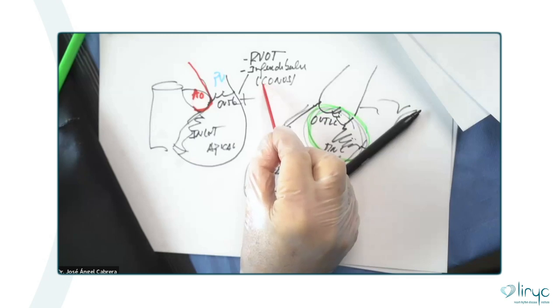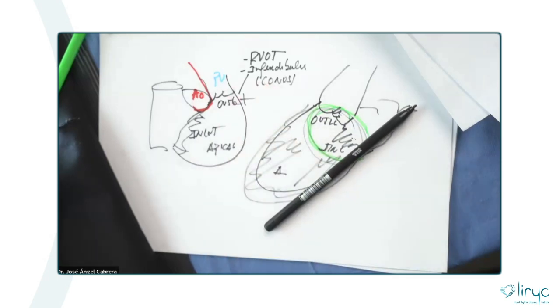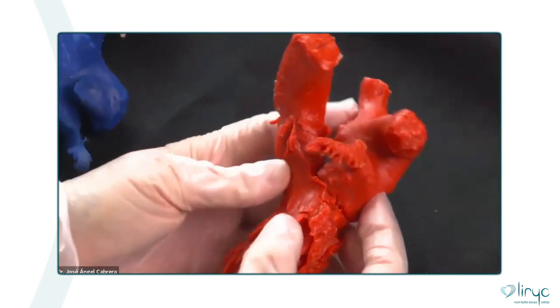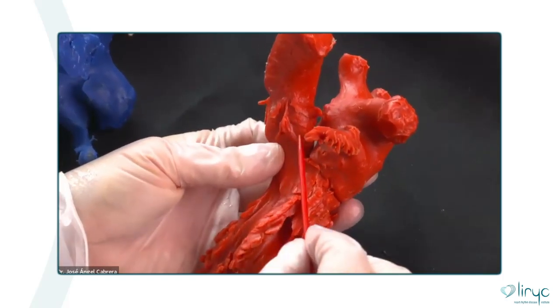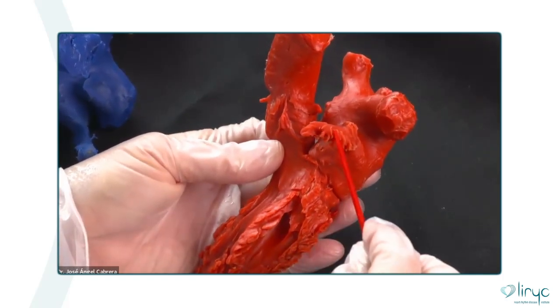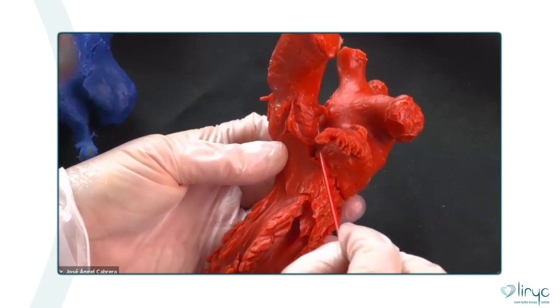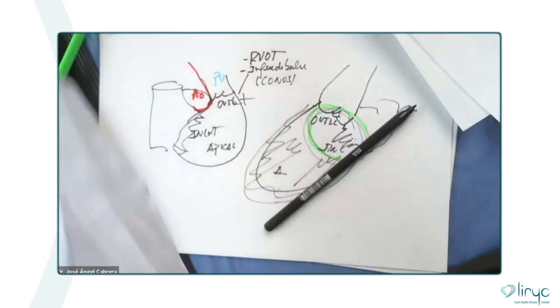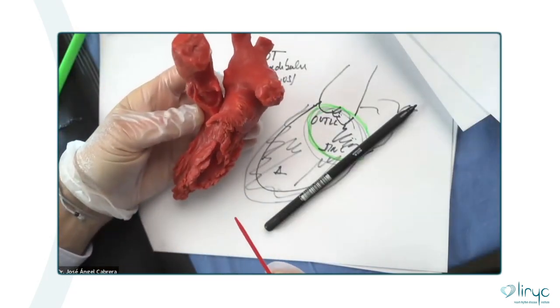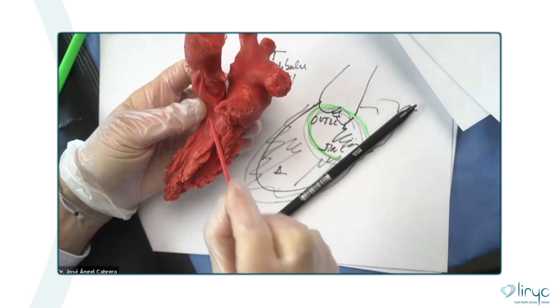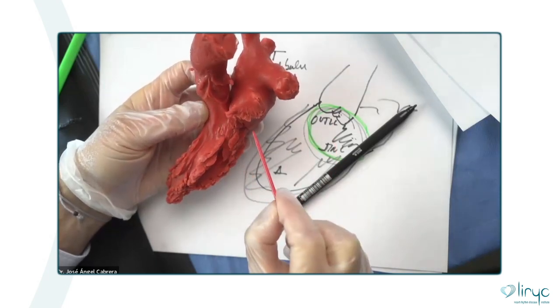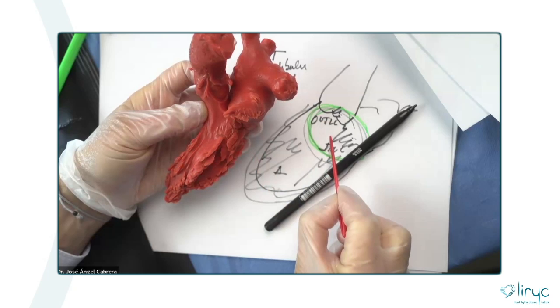infundibulum or conus. And if you go to the left side, note that this is the aorta, this is the appendage, this is the mitral valve, and there is continuity between the aorta, between the outlet and the inlet.